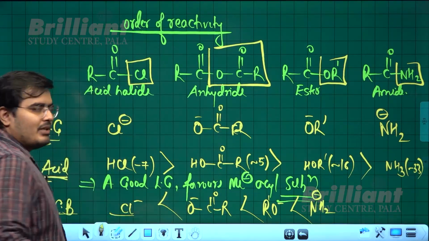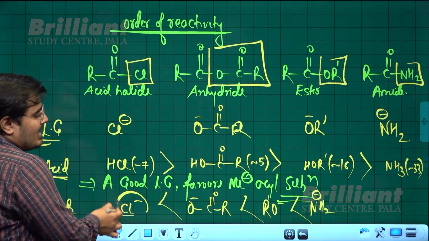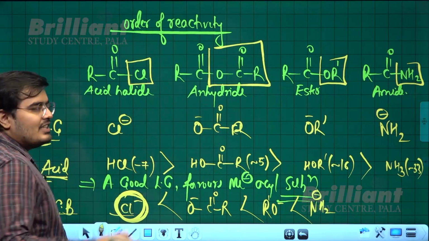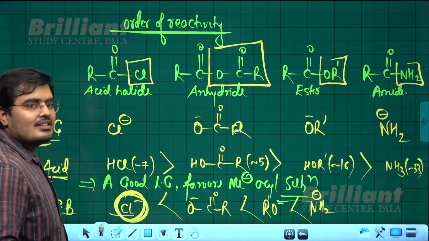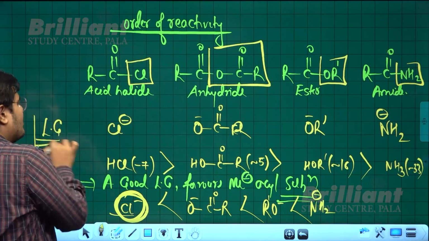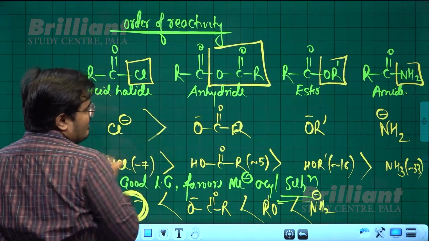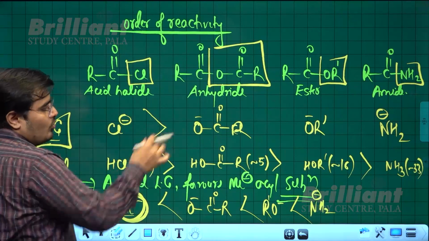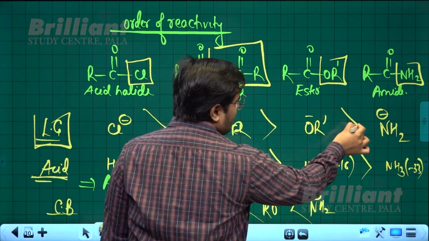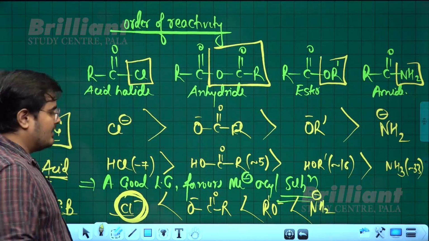and then Cl minus. So Cl minus happens to be the weakest conjugate base, or I can say since it's the weakest base, it's going to be the strongest, or better, leaving group. That is why the leaving group ability will be Cl minus greater than RCOO minus, which will be greater than R'O minus, which will be greater than NH2 minus.